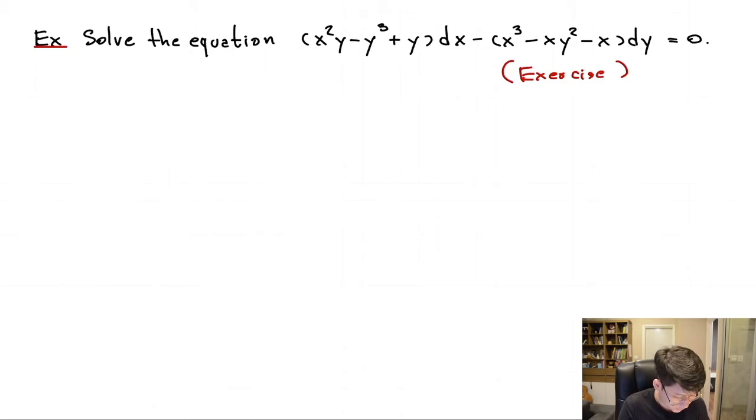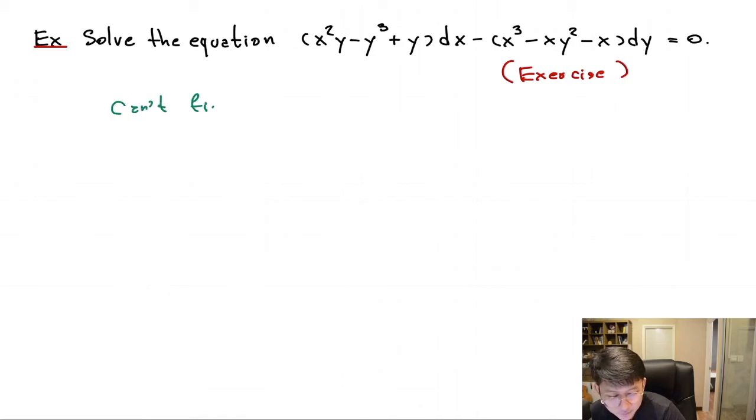The solution for this one is, again, you can't find mu, because mu is not a function of y and not a function of x, so you need to use the observation method.